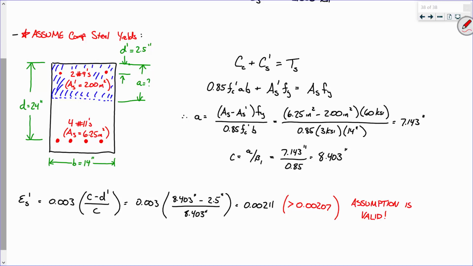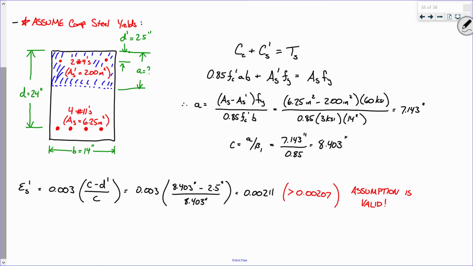Now while we're computing strains, we might as well compute the strain in this steel. Now why do we need to compute the strain in the tensile steel? Exactly. We need to know what phi is, and we need to know if we've met ACI requirements. So let's see what happens. And that's computed the same as it always is.